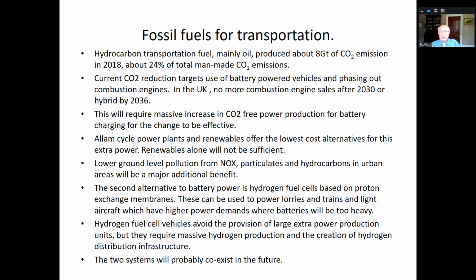And of course, there is the dialogue at the moment between green and blue hydrogen. And as far as hydrocarbon fuels and hydrogen propulsion systems, I think you're going to find that the two systems will probably coexist in the future, and that hydrogen use in these applications where large power demands exist will become more and more important.